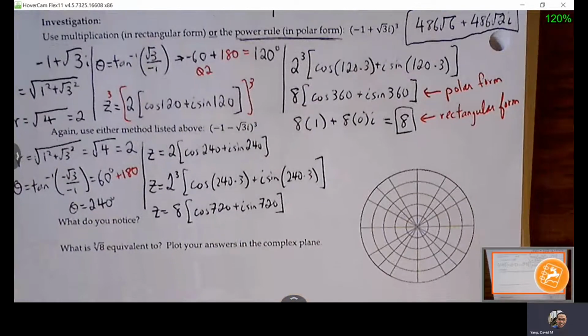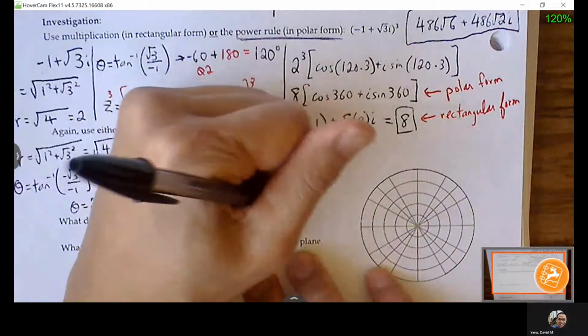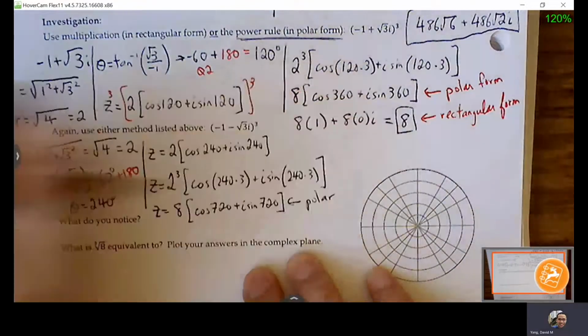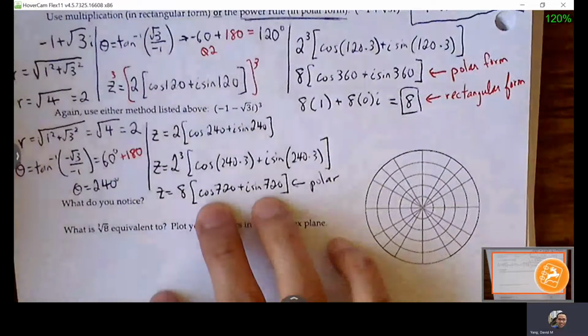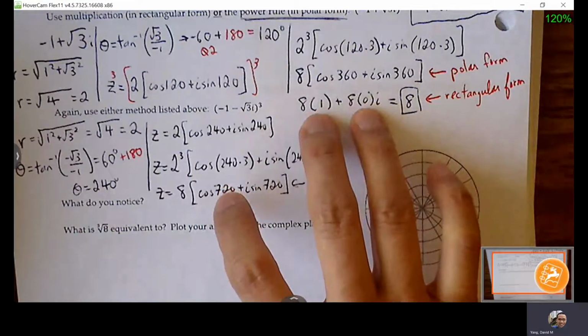720 is the same thing as 360. Resolve the cosine and sine. We'll get the same thing as before, right? 8 times 1 plus 8 times 0i.